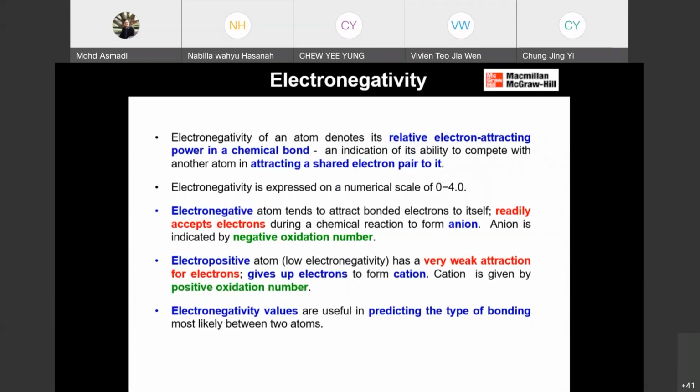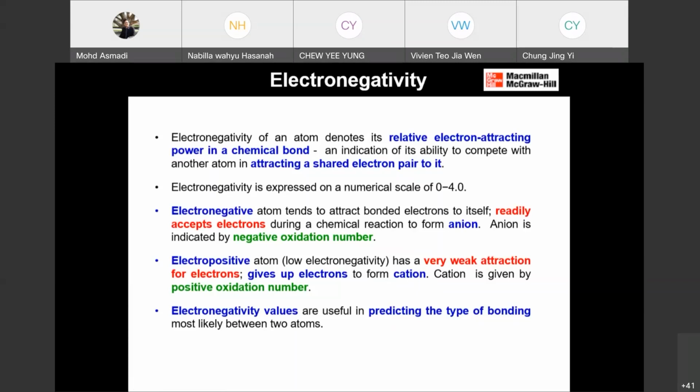From electronegativity we can predict the type of bonding. An electronegative atom tends to attract bonding electrons and readily accepts electrons to become an anion. To give electrons, it forms a cation, meaning a positive oxidation number, and the radius decreases.